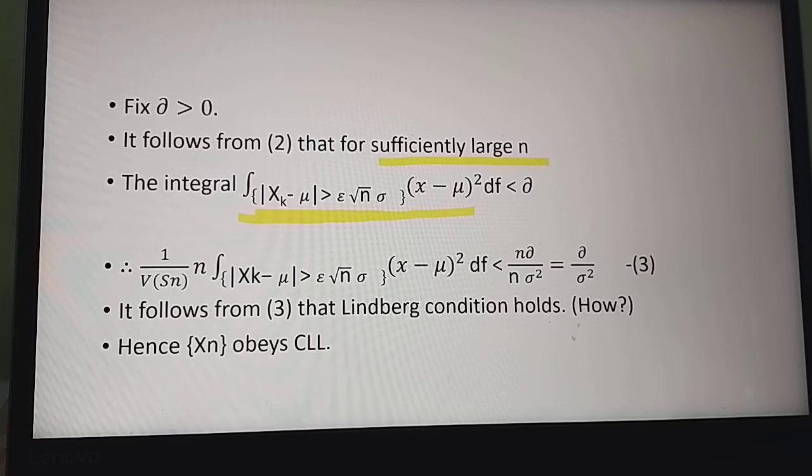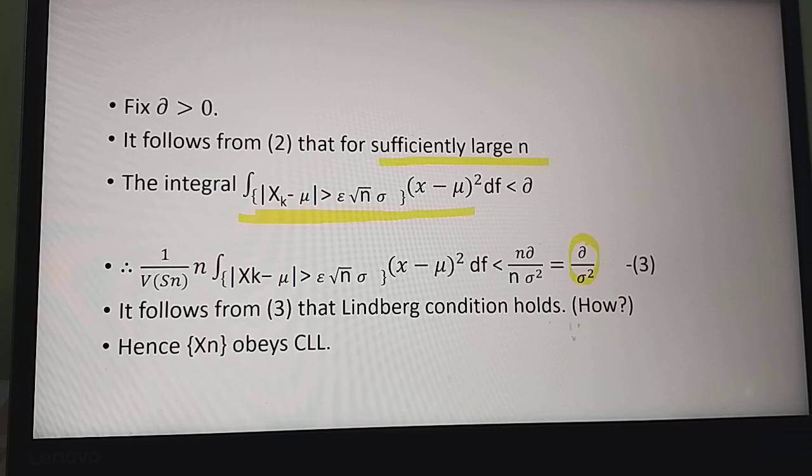If some quantity is less than an arbitrary positive quantity, and sigma square is finite, you can think that the whole thing is an arbitrary positive quantity. The logic is, if a quantity is less than any positive quantity, then it is only 0. So the Lindbergh condition holds from equation number 3.